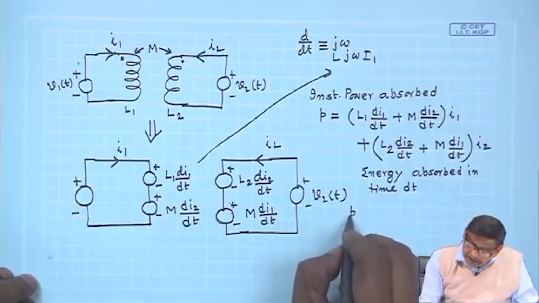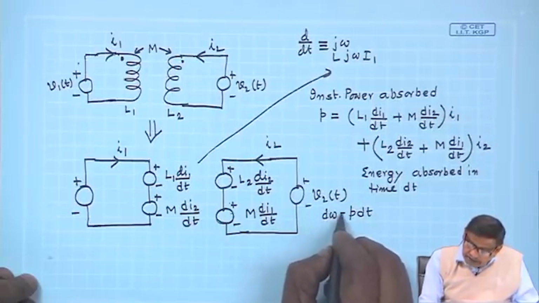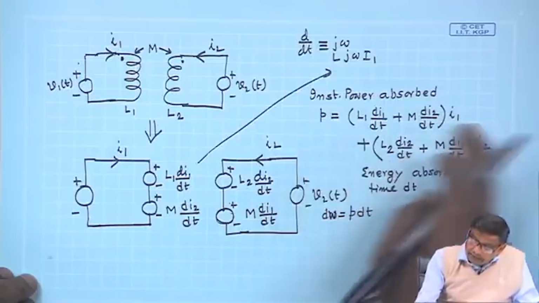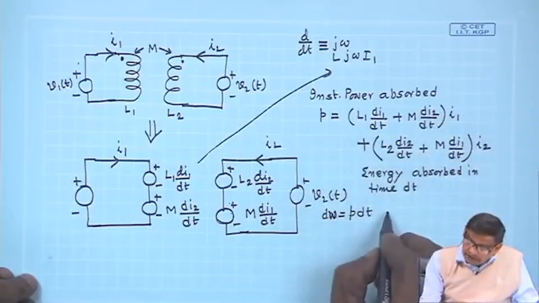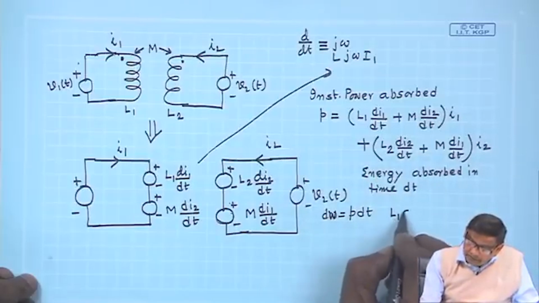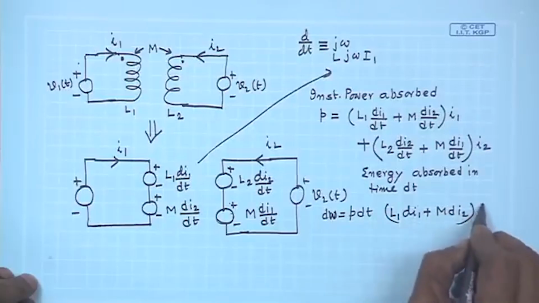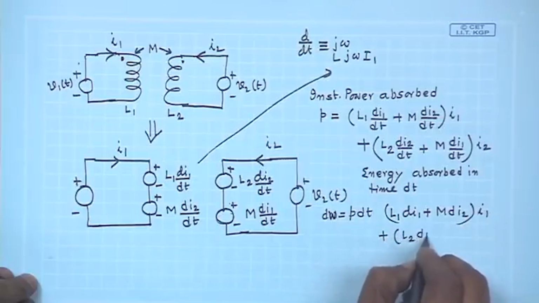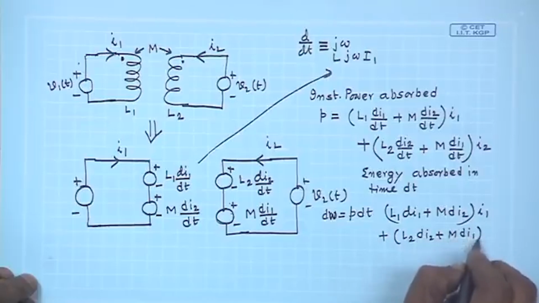So, in that small time energy absorbed, let us write it as dw is equal to p dt. So, multiply with dt and cancel it out. So, it will be (L1 dI1 plus M dI2) into I1 plus (L2 dI2 plus M dI1) into I2.